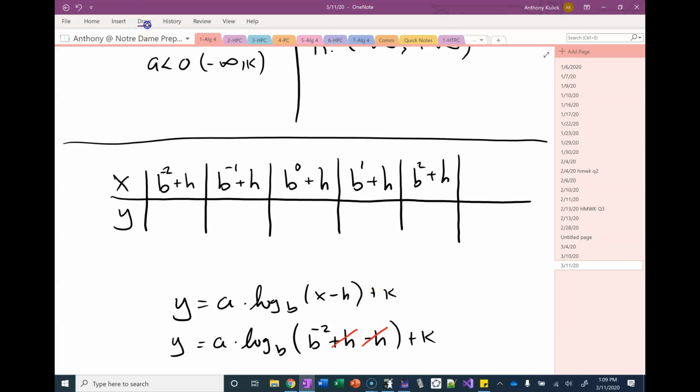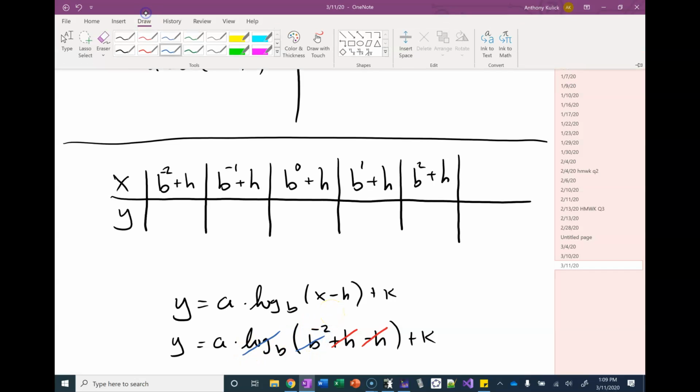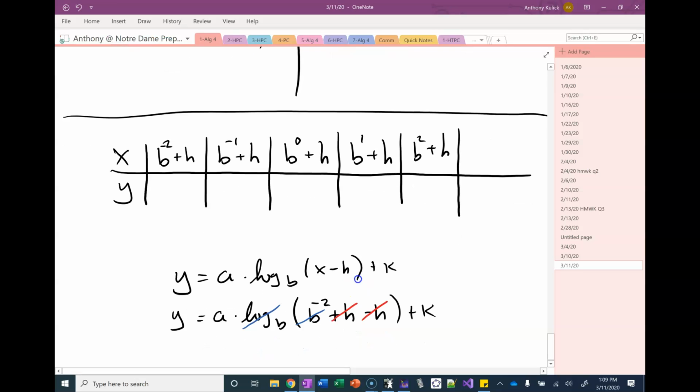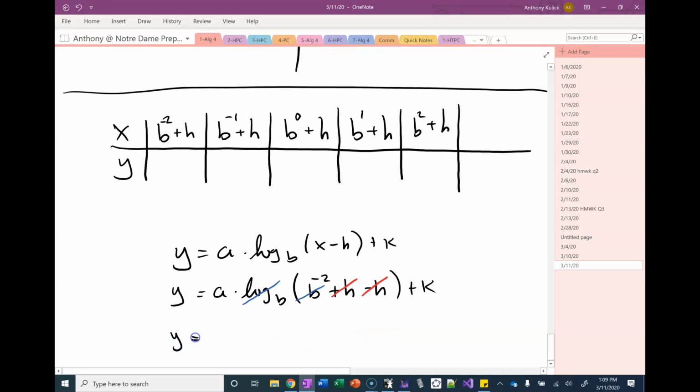Those are going to cancel out, right? And then I have a log base b and an exponent base b. Those are going to cancel out. So what we are left with is just negative 2 times a plus k. Isn't that nice?